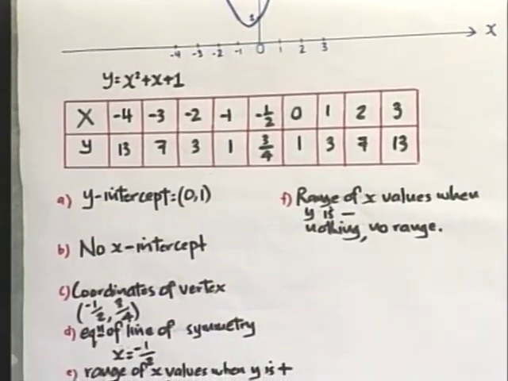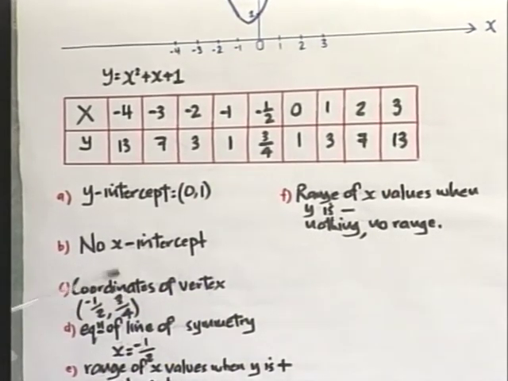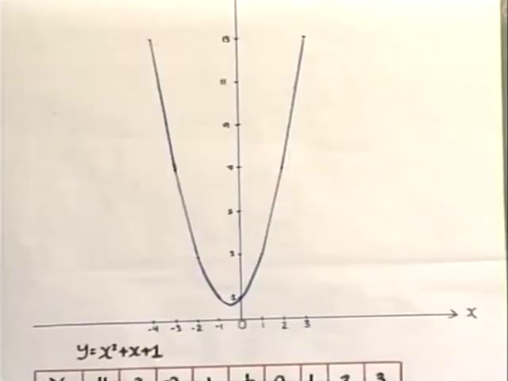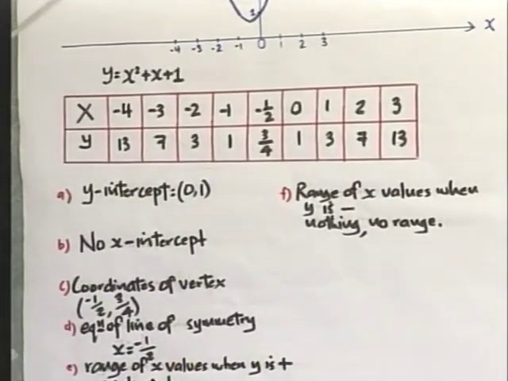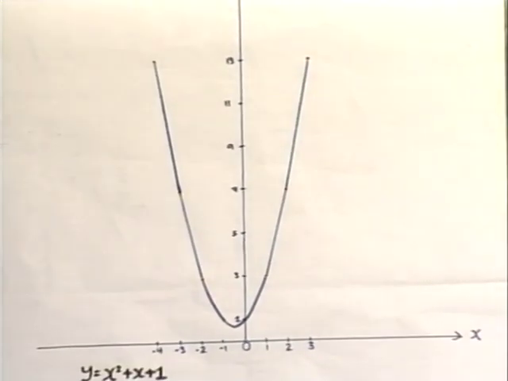The coordinates of the vertex are (-1/2, 3/4), which is this point. The equation of the line of symmetry is x equals -1/2. If we draw a line straight down this way, we can call it the line of symmetry. That symmetry is x equals -1/2.